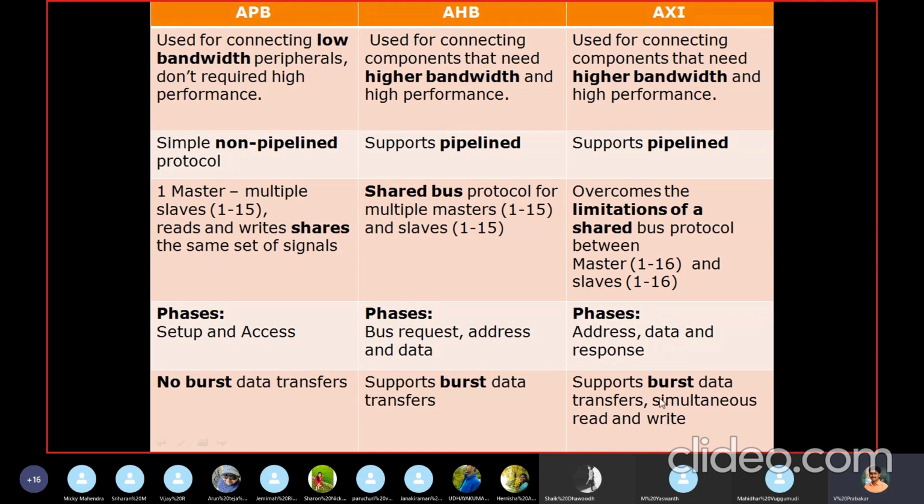In AXI, we can simultaneously perform write and read operations, but in AHB, we can't do simultaneous read and write. Once you perform a write operation, then you have to perform a read operation. But in AXI, you can perform simultaneous read and write.